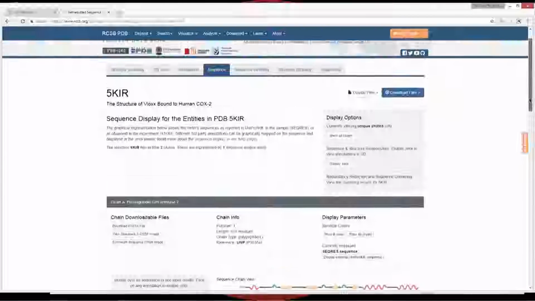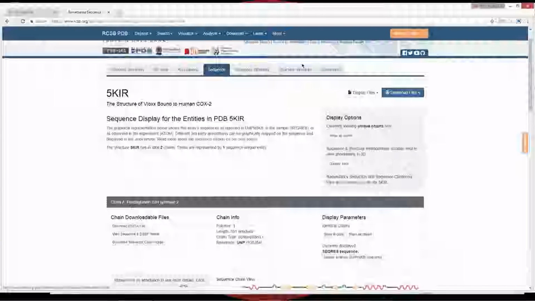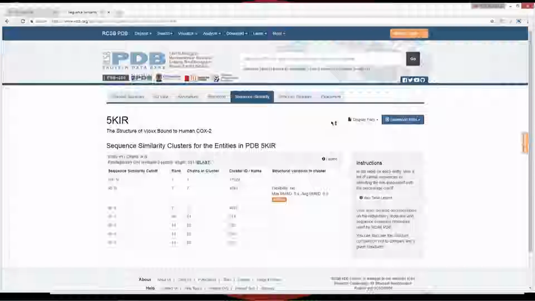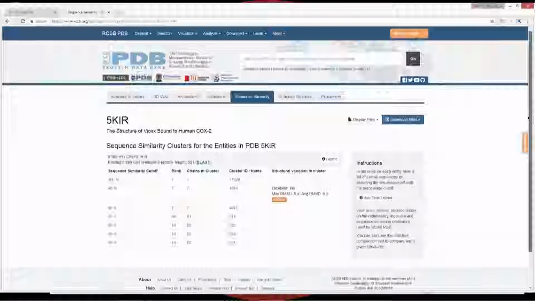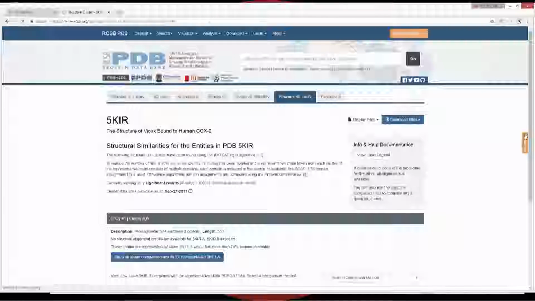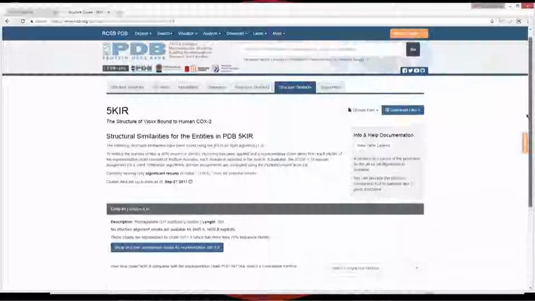We can also do a sequence similarity search using this, and we can also do structure similarity. We can look at the structural similarity of entries in PDB.